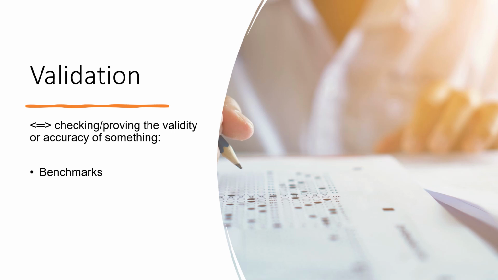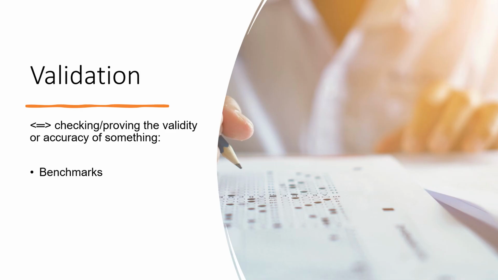And to show the validity of a model, we need a validation. So validation is an action in which you are checking or proving the validity or the accuracy of something.